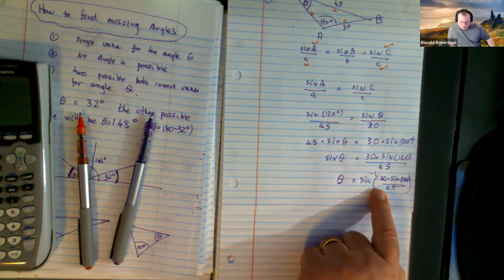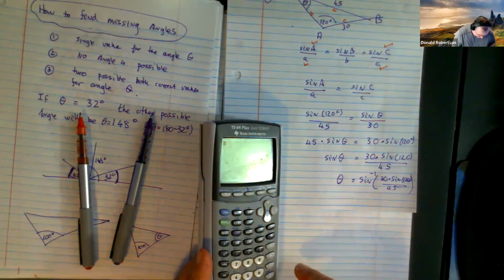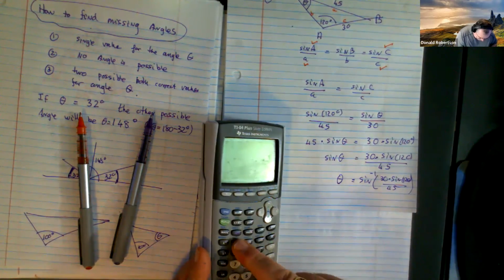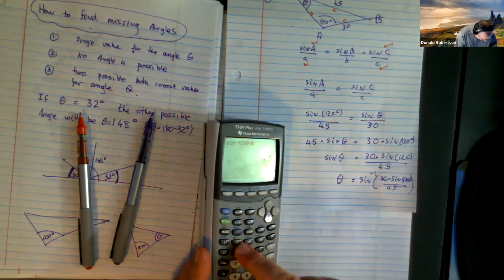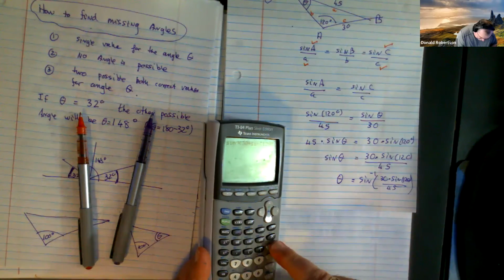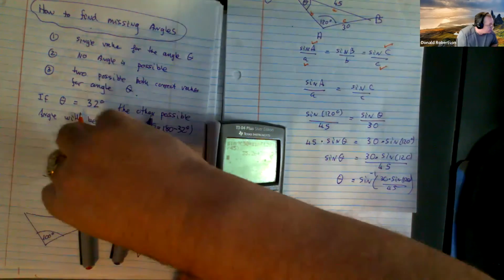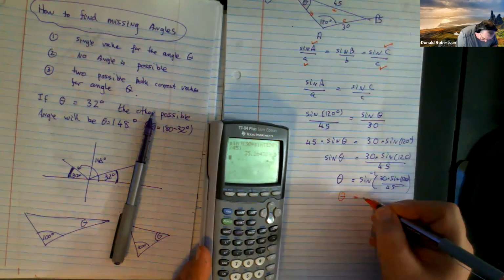Can't you just let the calculator do it all in one big go? So if you want to do it that way, you can. So it's inverse sine of 30 times the sine of 120 divided by 45. And the answer you get is, well, they want it to the nearest whole number. So the answer you get is 35 degrees.